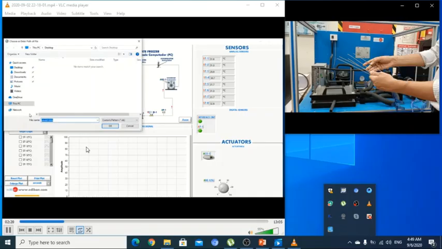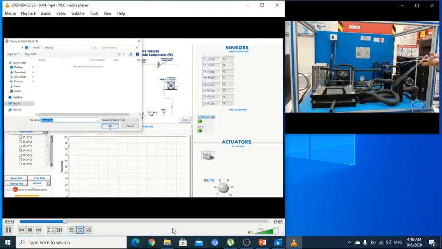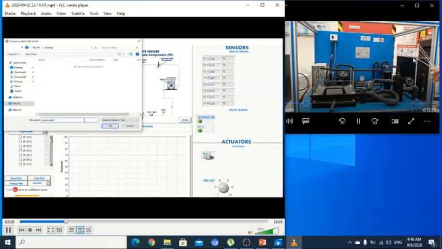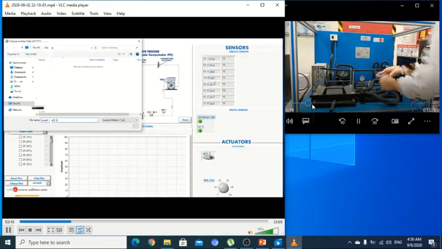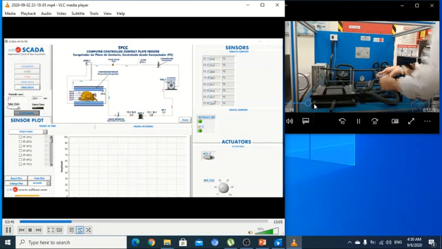Now we run our process. So you can see it's asking how to save the data. These are all the temperature transmitters, which you can place at various parts of your product. So we will save our data here first.